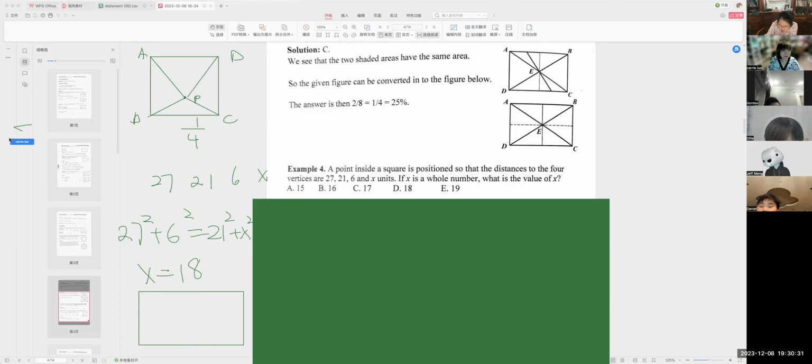Get it? So this one equals 20. This one equals 27. And this one equals 6. And this one equals 21. And this one equals x. But remember property 2 or property 3. I forgot property 2. Yeah. So you have this one squared plus this one squared equal this one squared plus this one squared. Get it? Yeah. You're using that one directly.